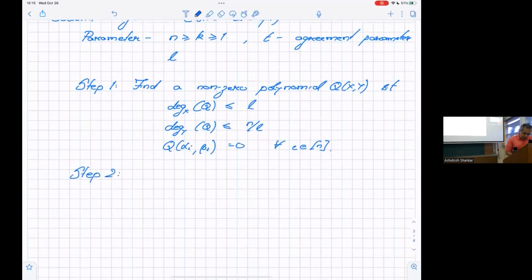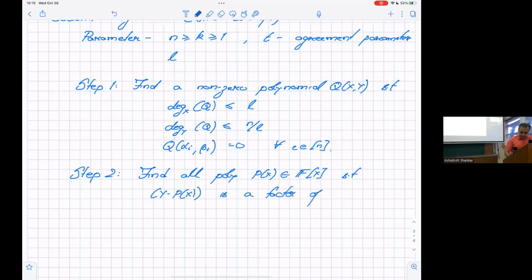Step 2. Find all polynomials P of x in F of x such that y minus P of x is a factor of Q of x, y. Here, because we have a factorization routine, we'll just factorize Q of x, y and look at all its factors.